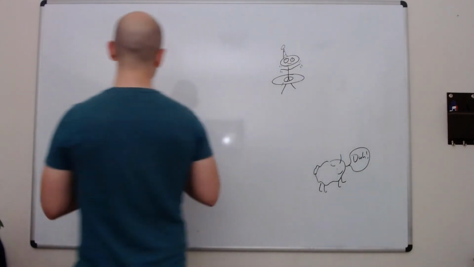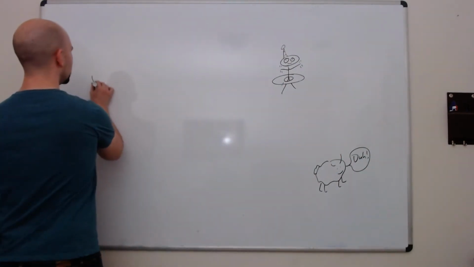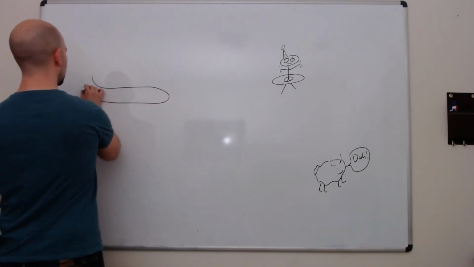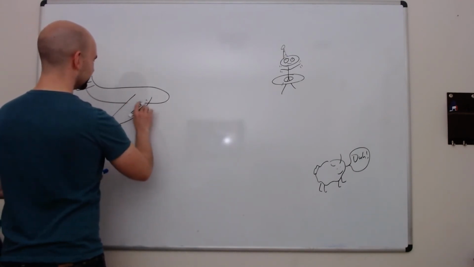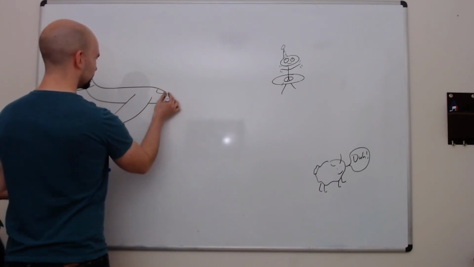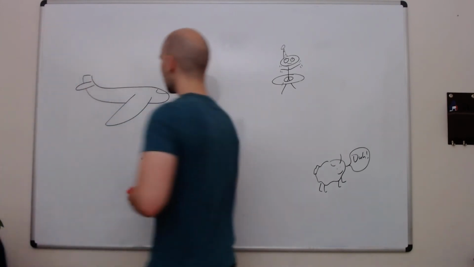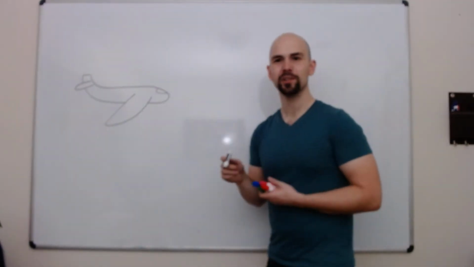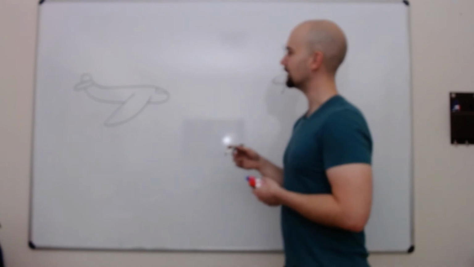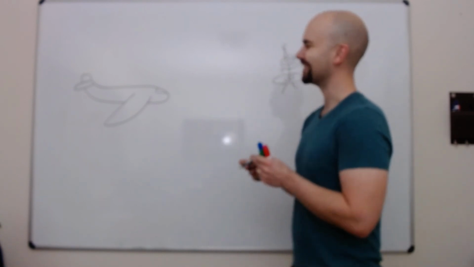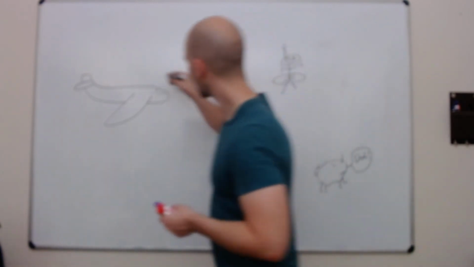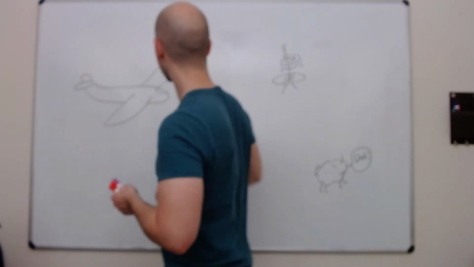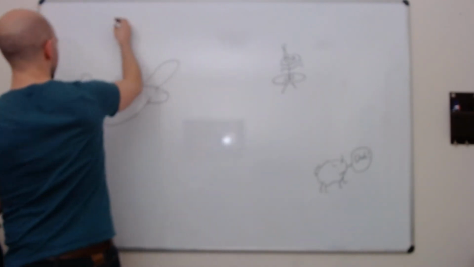And if you have, say, a plane, and it flies faster than 331.5 meters per second, plus whatever extra given the temperature, then that plane will be considered supersonic, traveling at a supersonic speed.